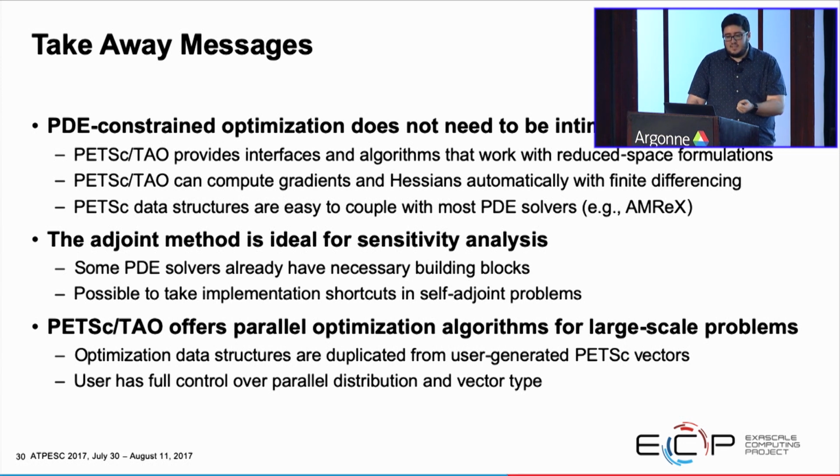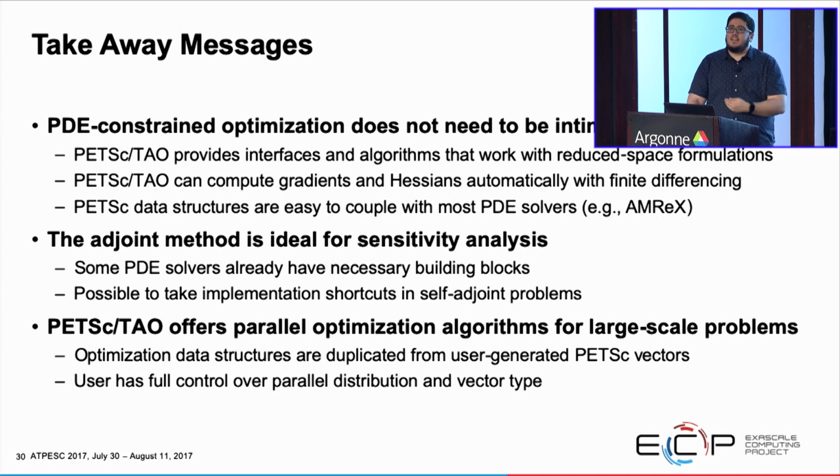The big thing is PETSc data structures are easy to couple with most of the PDE solvers. We can get C array information for all the local data. It's pretty straightforward. The adjoint method is really good. We talked about that. One more important point is that all of the data structures we use in optimization algorithms are duplicated from this initial vector provided to TAO by the user.